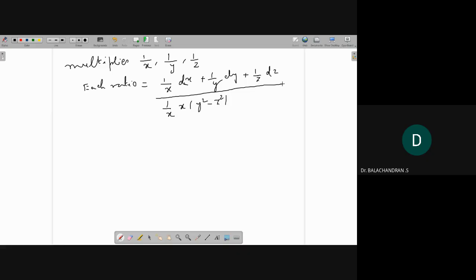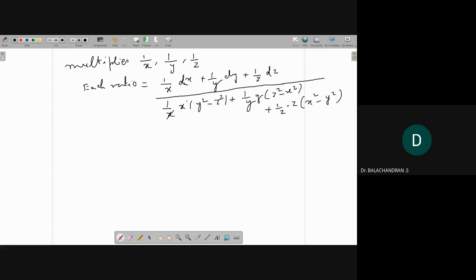Please check it. Suppose if I write anything wrong, please point out. 1 by y into z square minus x square plus 1 by z into z into x square minus y square.